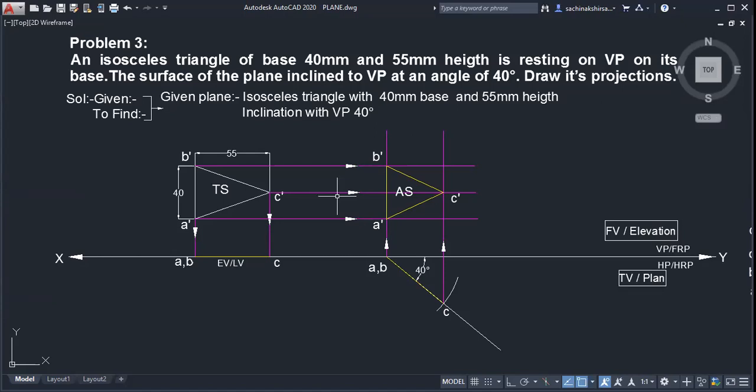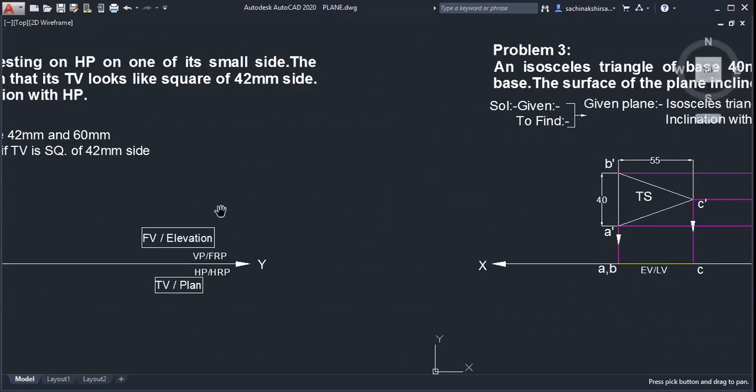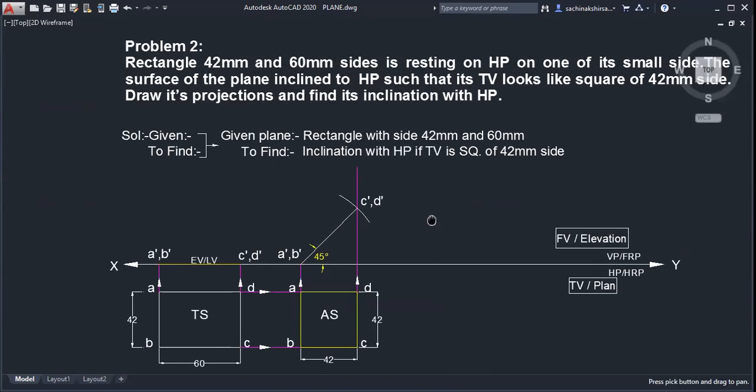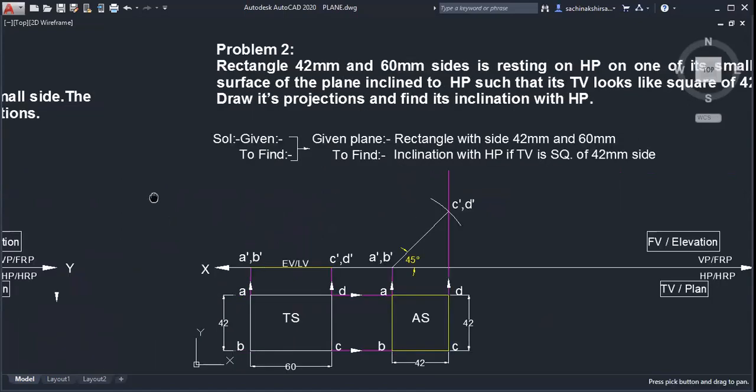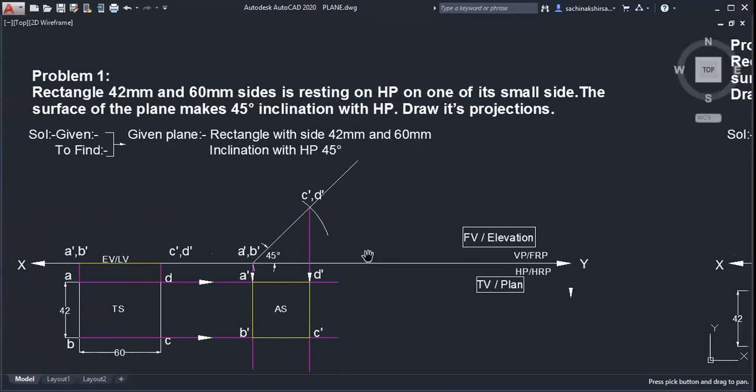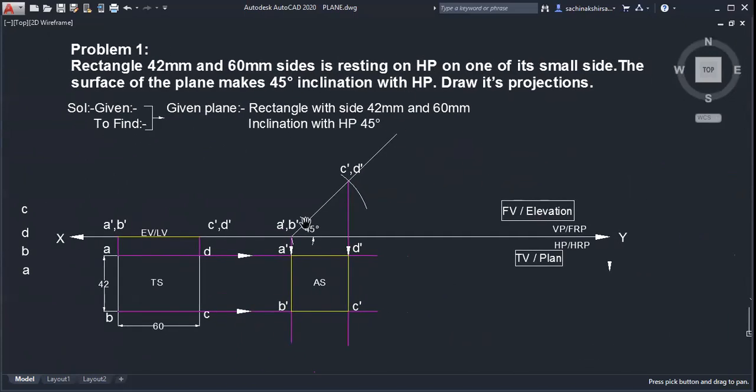So remember that. Whatever problems we have seen right from the morning were two-stage problems. Inclination with only one reference plane was given. If you see the first problem we solved, inclination with only HP was given.